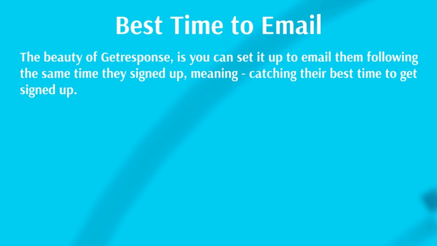So let's say, for example, that one of your subscribers signed up on Wednesday at 3 p.m. What GetResponse will do is it'll actually detect that, and you could set that within your email autoresponder system and say, okay, email them every day at 3 p.m. or every week on Wednesday, 3 p.m.